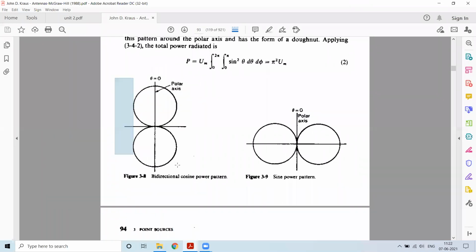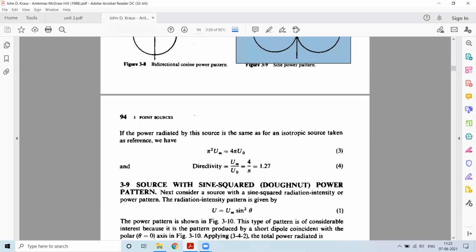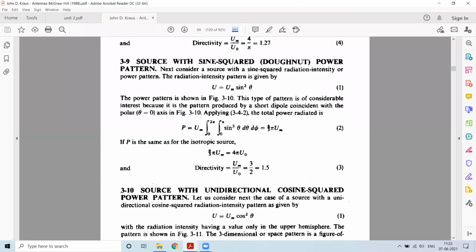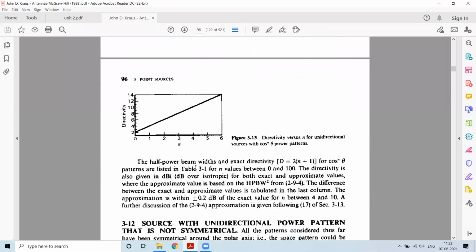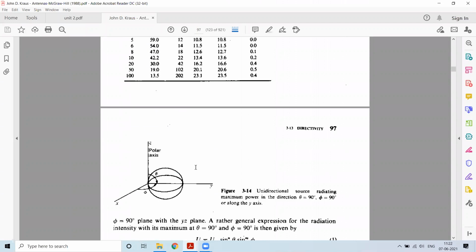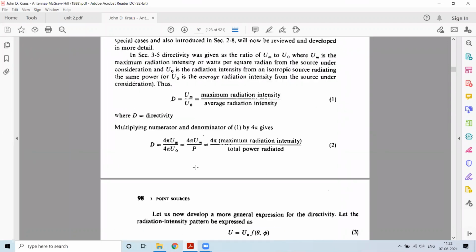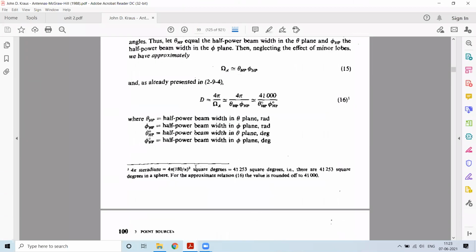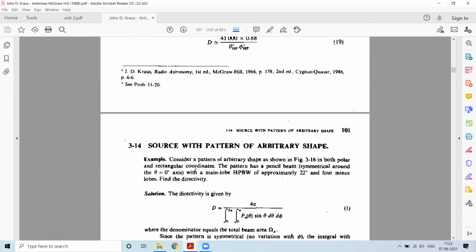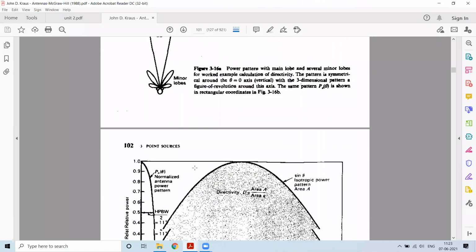So we discussed how we get these kinds of patterns also. Next we will be discussing another parameter, that is, two isotropic point sources.